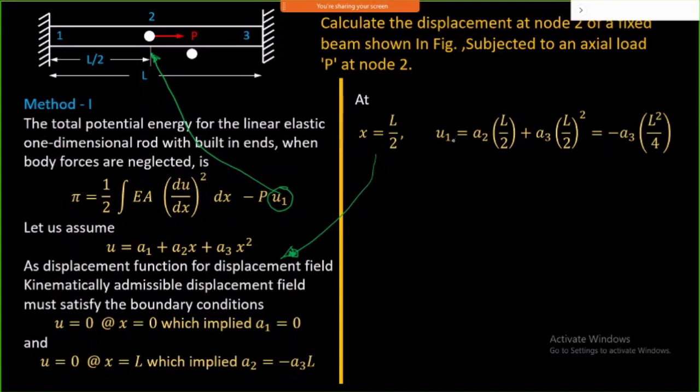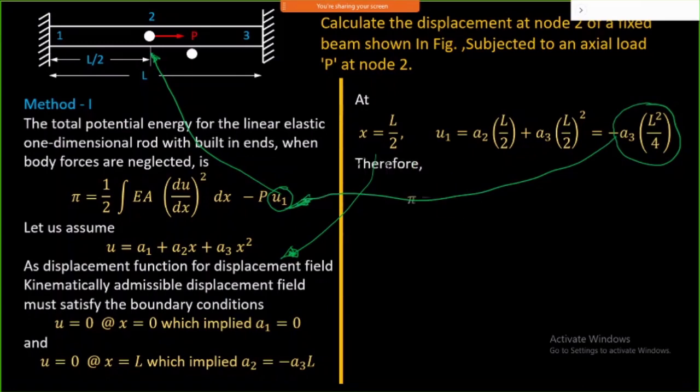So we can determine u1 is equal to a2 into this all. You can substitute into this. You get u1 is equal to a3 L square by 4, and this part is to be substituted at this location. That is what we are going to do.